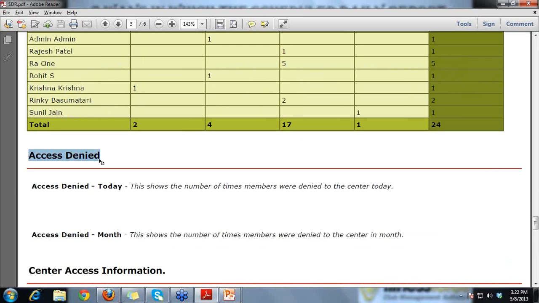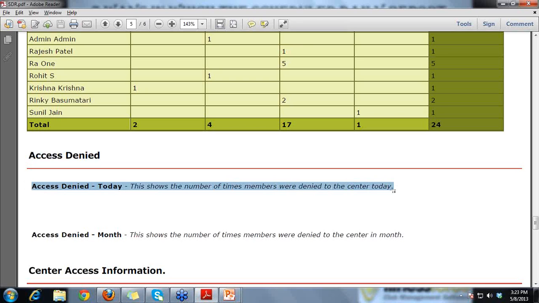This section shows you how many clients were denied access to the gym. For example, they tried entering the gym, but they were denied access. This shows you how many were denied access for that particular day, along with the reason. It shows you X number of people were denied and why they were denied.